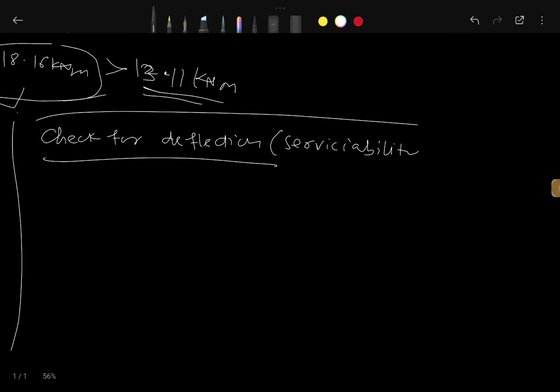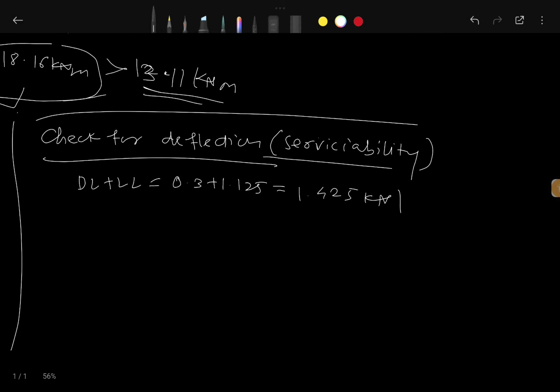Okay, serviceability. For serviceability load, dead load plus live load, this combination we have 0.3 plus 1.125. Here the value comes 1.425 kilonewton per meter.